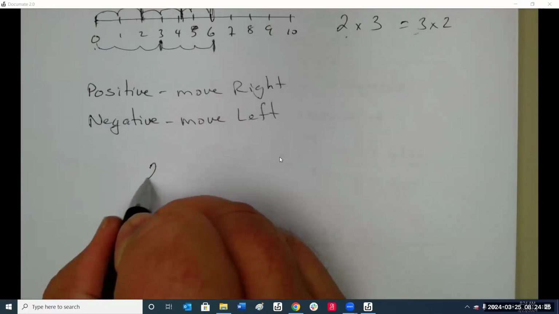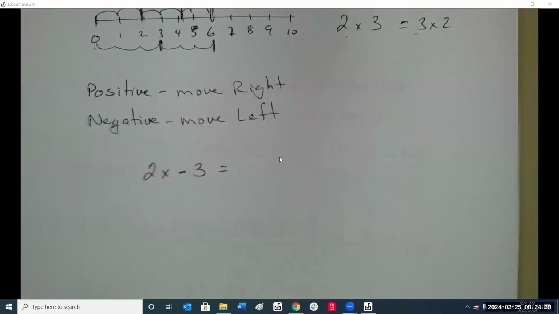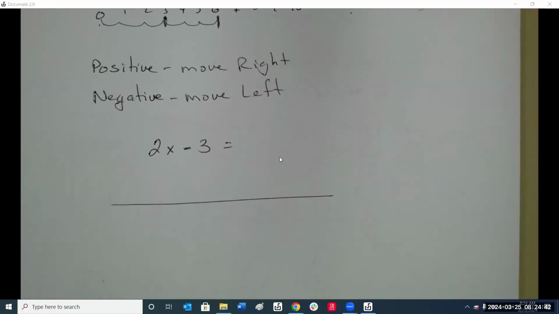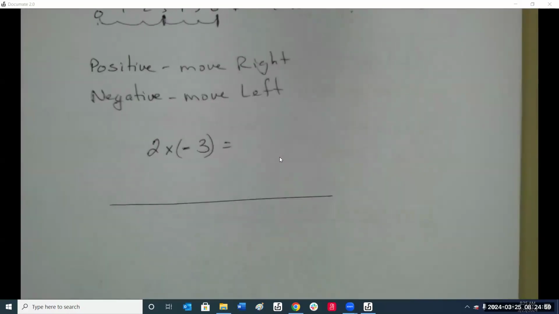So that's, say, 2 times -3. Right, 2, and then back to 3. But then when we get 1, that's subtraction. There are a couple ways. Oops, this is supposed to be multiplication. It's 2 times -3.